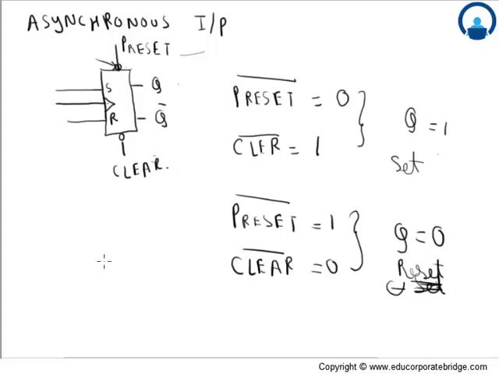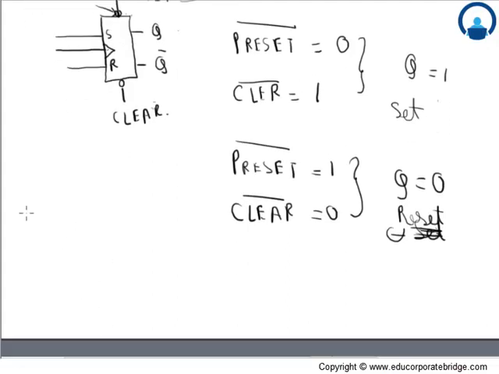So we can draw the truth table with clock, preset PR bar in short form, clear CLR bar, and the output Q. Since the clock is not selected, when preset bar is 0 and clear bar is 1, the flip-flop will change its state as per the preset and clear inputs.